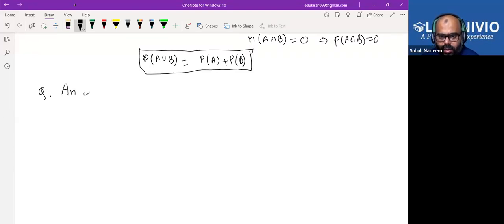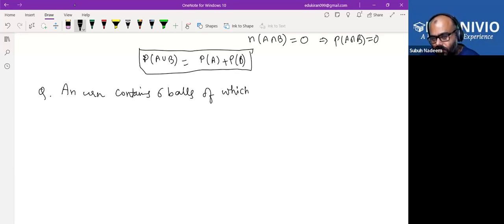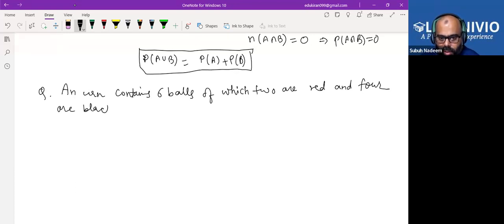So an urn is actually a bag. It contains 6 balls, of which 2 are red and 4 are black. Two balls are drawn at random.